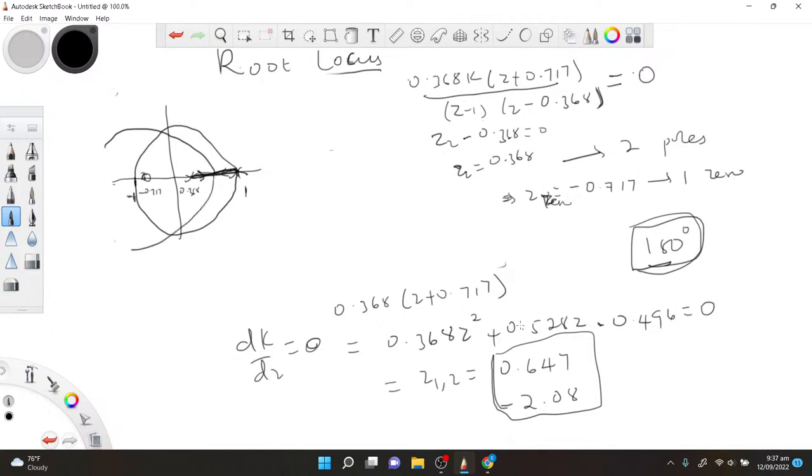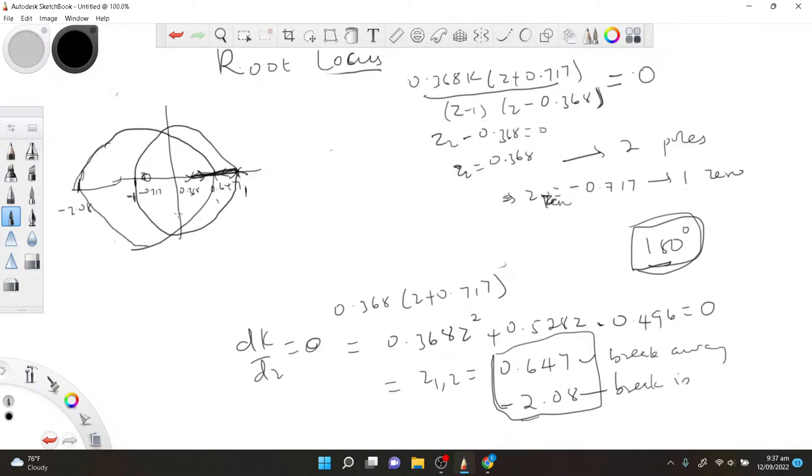The breakaway point you got, the value that lies between the two poles, is 0.647. This is the breakaway. They break away at the point 0.647, and then they break in at the point negative 2.08.